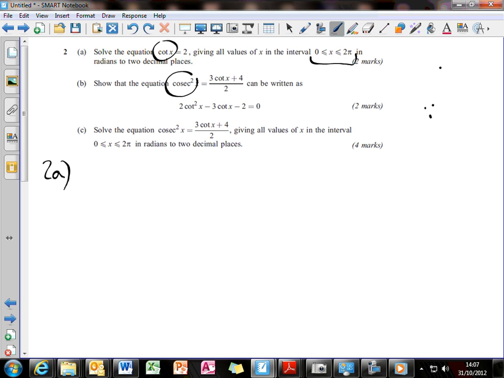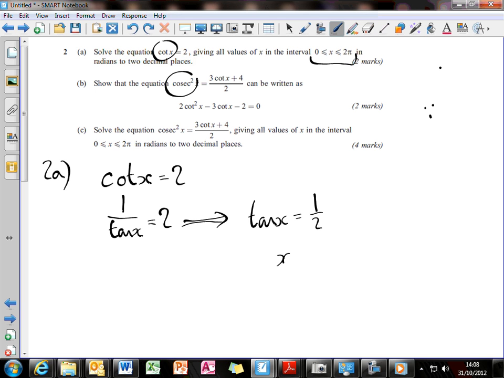So we're starting off with cot x equals 2. And we remember that cot x is just 1 over tan. So that equals 2. And then just by rearranging this, we get tan x equals a half.